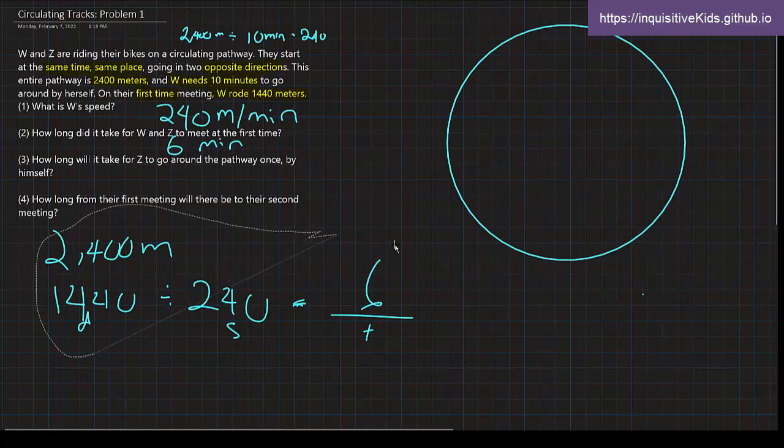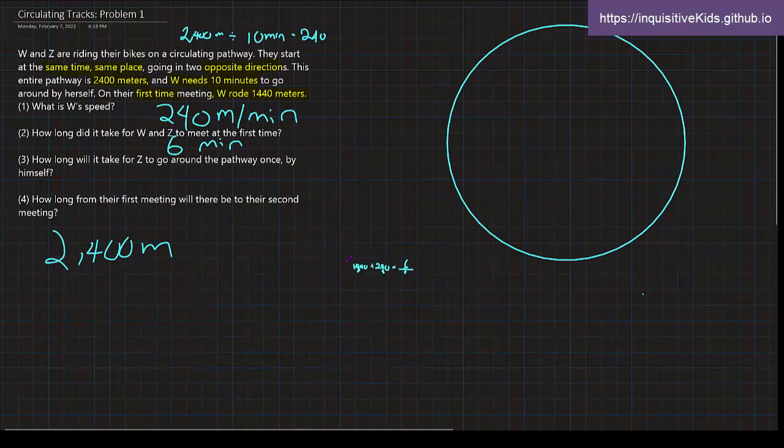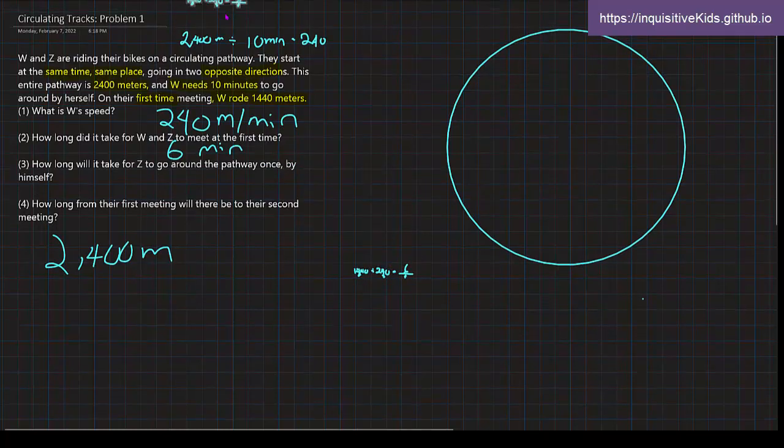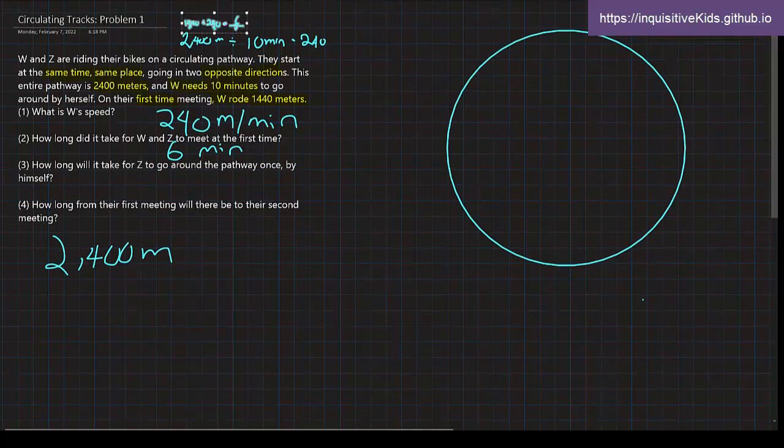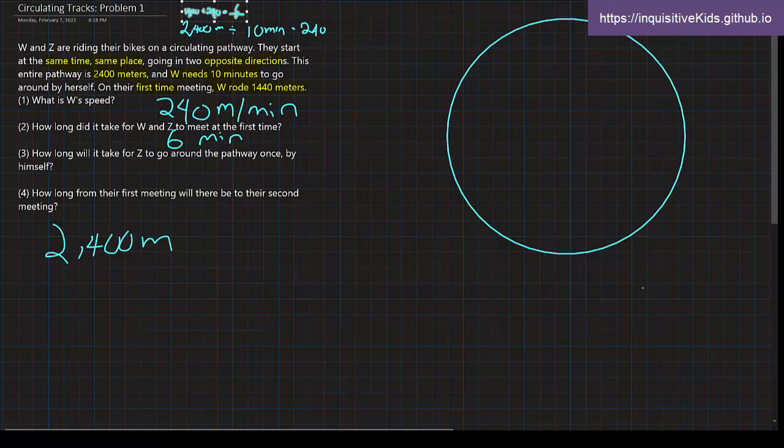Okay, now let's take a look at the next problem. How long will it take for Z to go around the pathway once by himself?